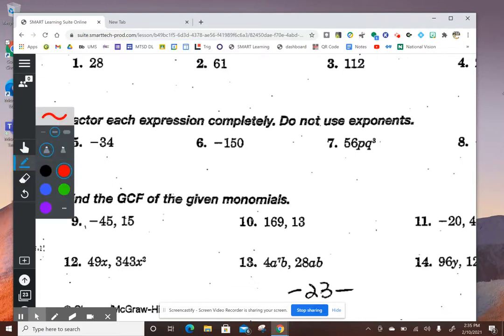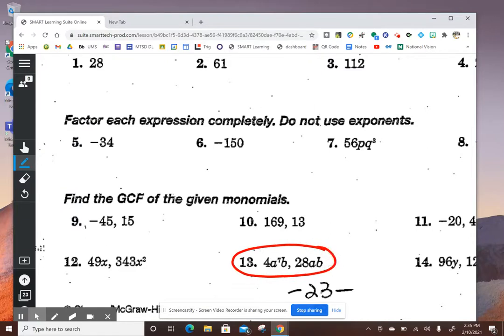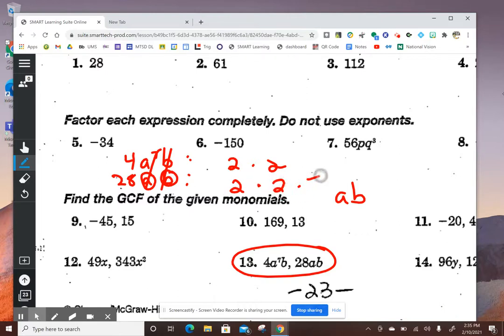So let's do number 13. So 4a to the 7th b and 28ab. Well, first, let's do the variables. I know that it's going to be ab. How do I know that? This is the lowest degree. This is the lowest degree. So we don't even have to do that part. Now, 4 is 2 times 2. 28 is 2 times 14, which is 2 times 2 times 7.